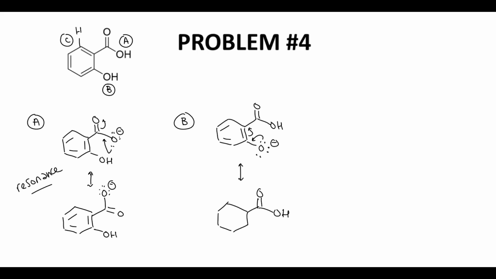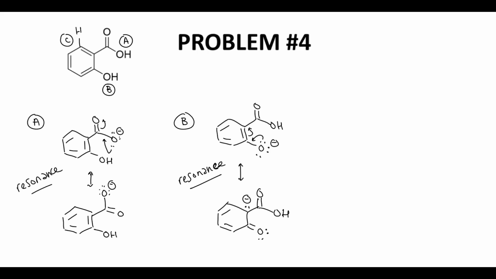That's not terrible. But notice what we're having to do is we're having to draw these resonance forms that make carbanions. So even though we do have resonance, it's just not as good, and it's because we're drawing these carbanions.